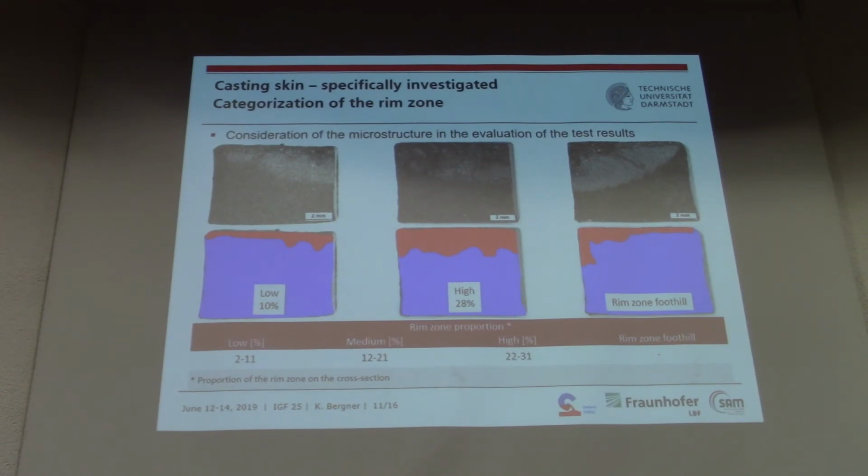But there are some special rim zone characteristics when we have what we call a certain foothill coming from this mountain more or less, reaching quite deep into the bulk material. She treated this additionally in a 4th class.